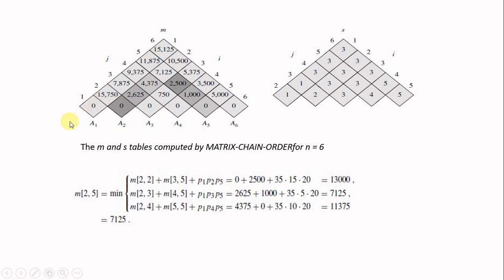Always we are taking from 1 to n, or 2 to n, 3 to n, 4 to n, etc. We are not counting backwards, that is n to 2 or n to 4; that case we are not considering. So we are not interested in the bottom portion of this matrix, and we are putting it like this for better understandability.